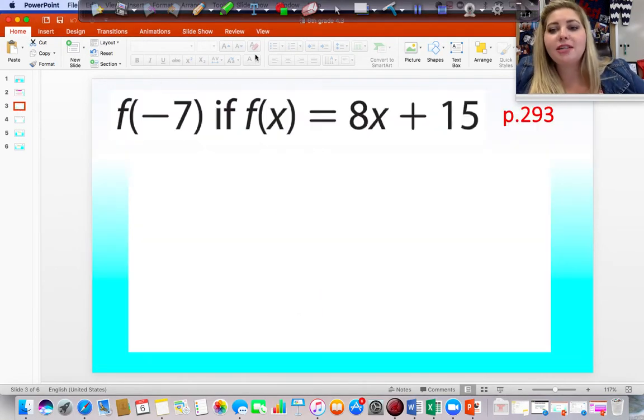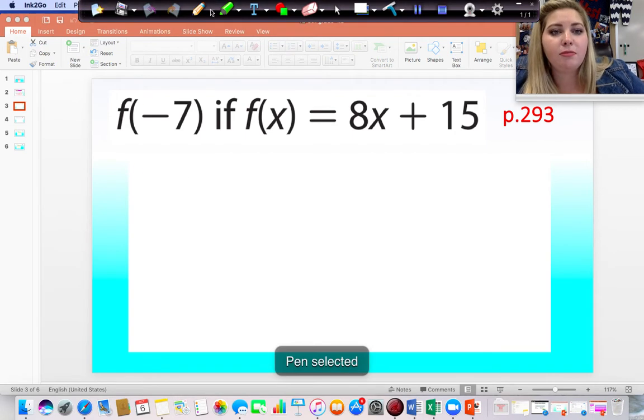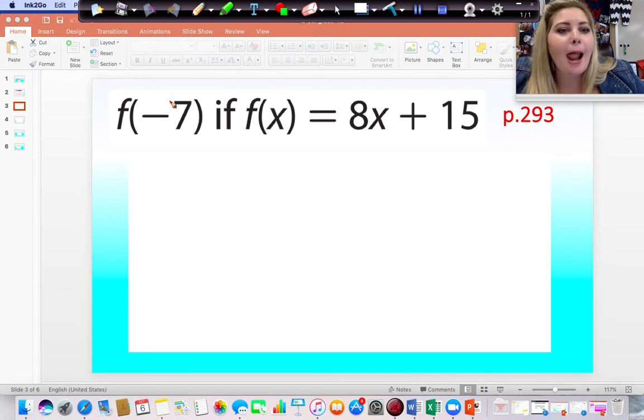Okay, so let's practice. This is on page 293, but I'd like you to just write this down in your notes with me. Okay, so f of negative 7 if f of x equals 8x plus 15.